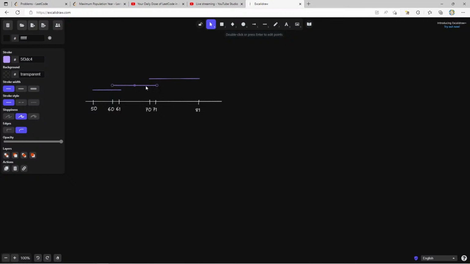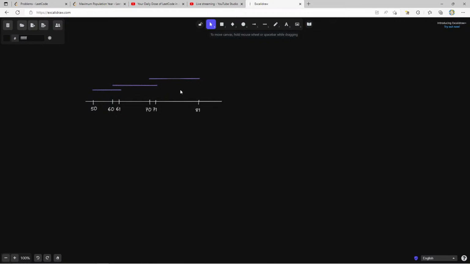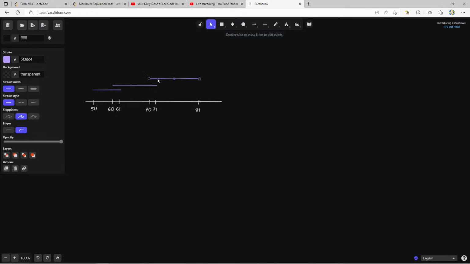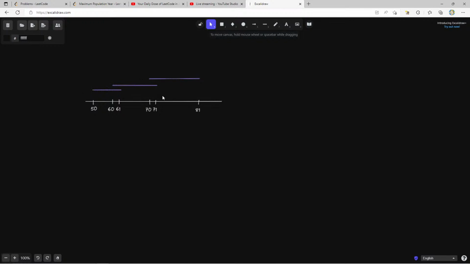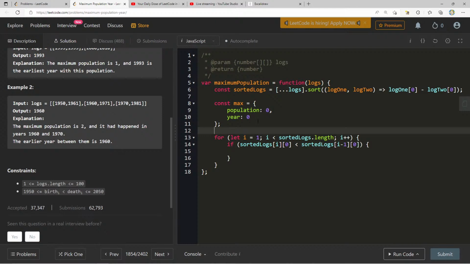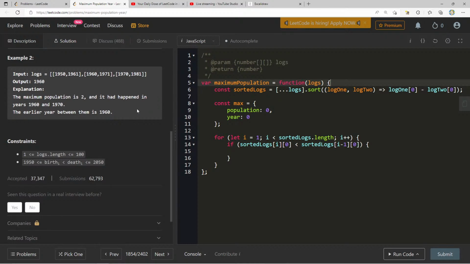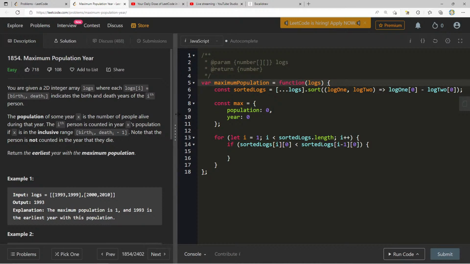This one's less than this one, so I can include both of them. But why would we stop? And I could say, okay, but what's the birth year? Tricky, tricky, tricky. Don't want to spend too much more time on it. Normally easy questions should go by a little bit faster at this stage, so note the person is not counted in the year that they die.